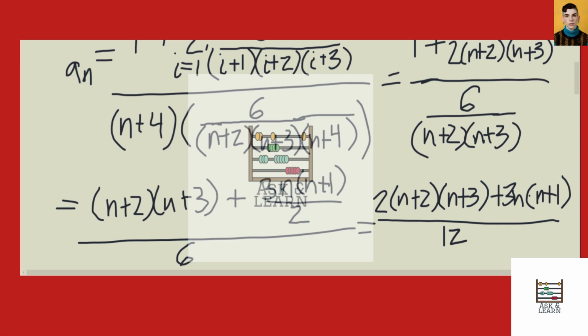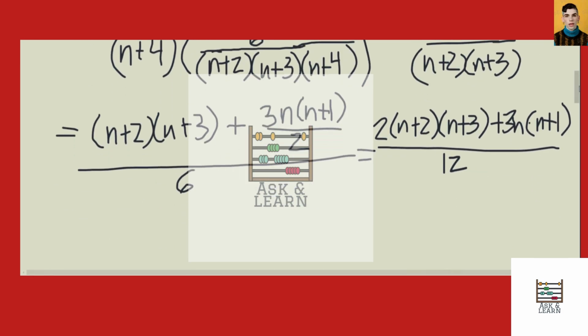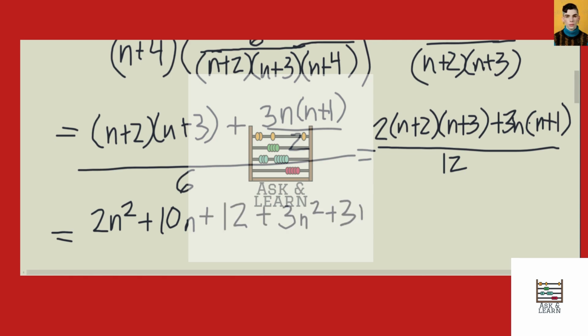And foiling, we get 2n squared, and then we have 5n times 2, which is plus 10n, and then 6 times 2 is 12, plus 3n squared plus 3n, all over 12.